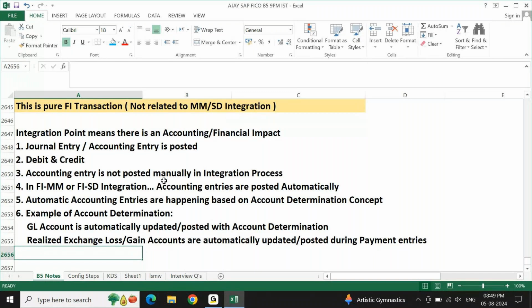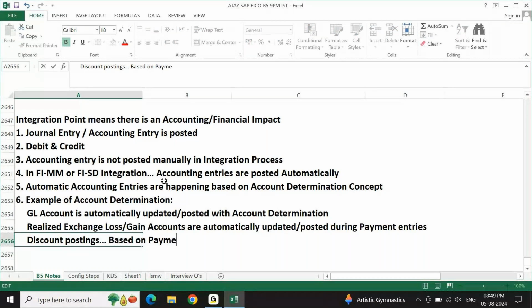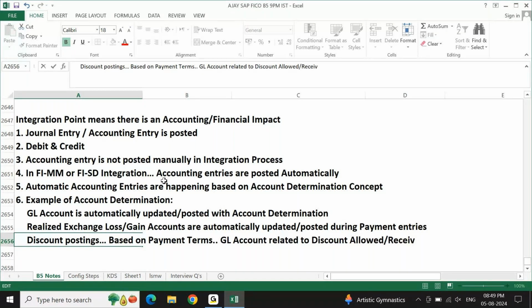Similarly, discount postings. When you're talking about discount postings, based on payment terms, the GL account related to discount allowed or received is posted automatically.